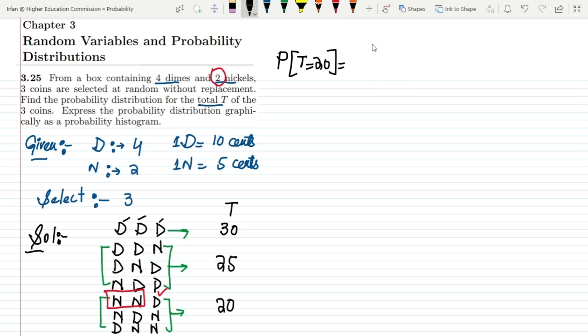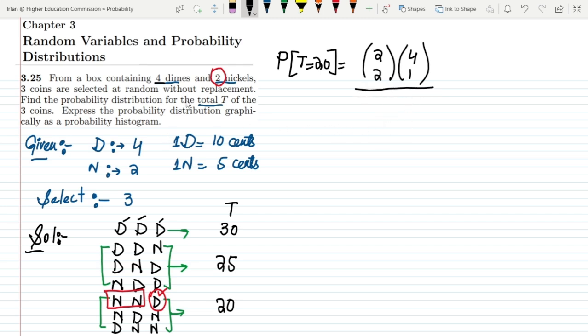So it will be 2 choose 2. Similarly we have only 1 dime here, and this 1 dime has been selected from the total number of dimes, which are 4 here. So 4 choose 1. These are the number of choices we will have here, dividing over the total number of choices.